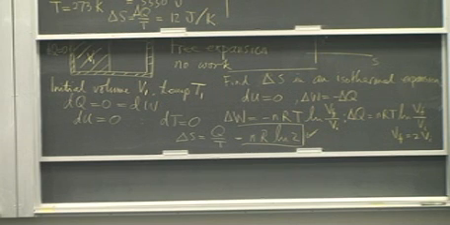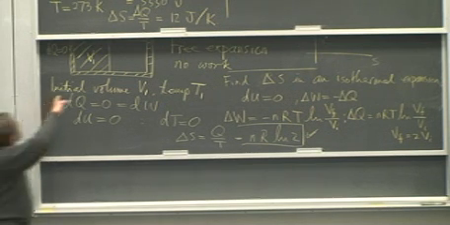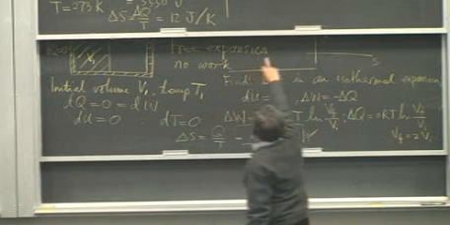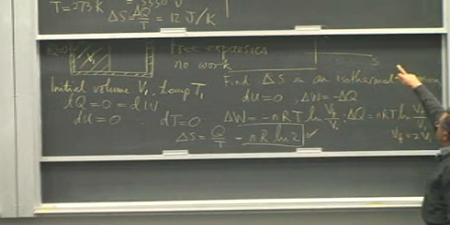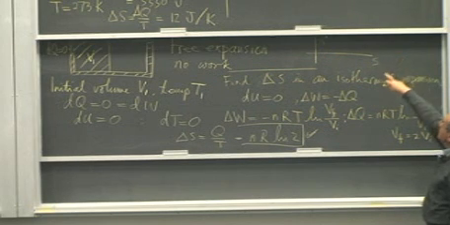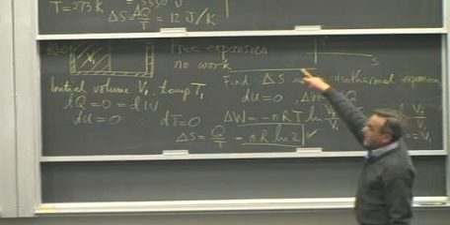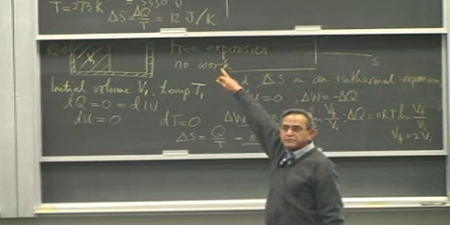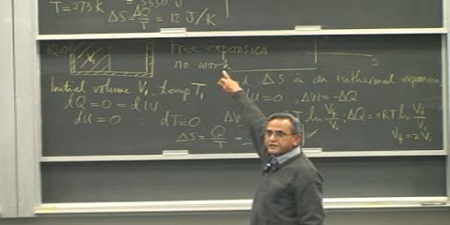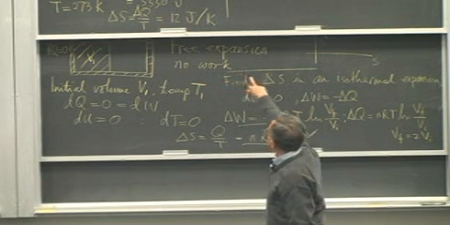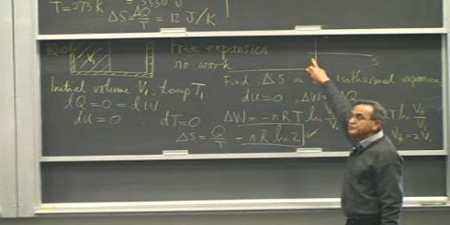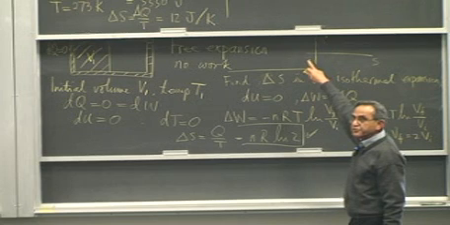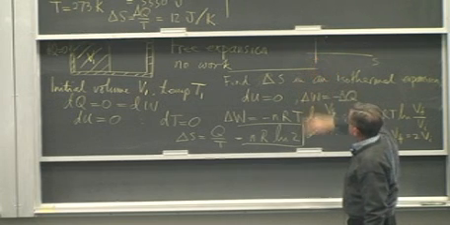Achha, in this particular case, in the first example, we calculated change in entropy of the environment. The environment had given heat to the ice cube, and therefore the entropy of the environment also had to change, and that we calculated.